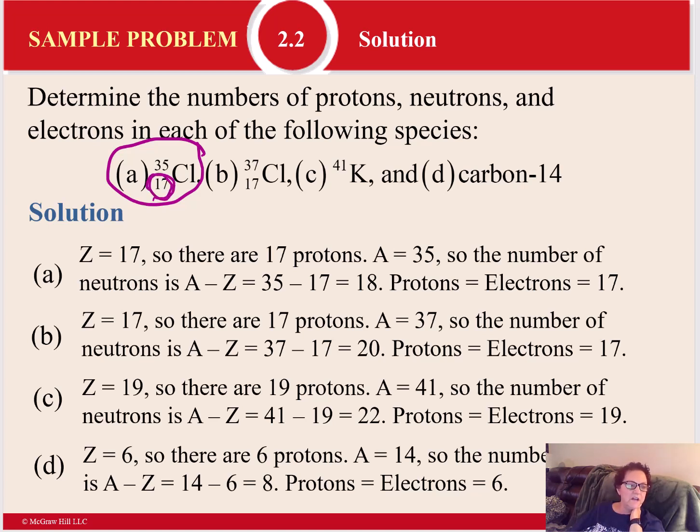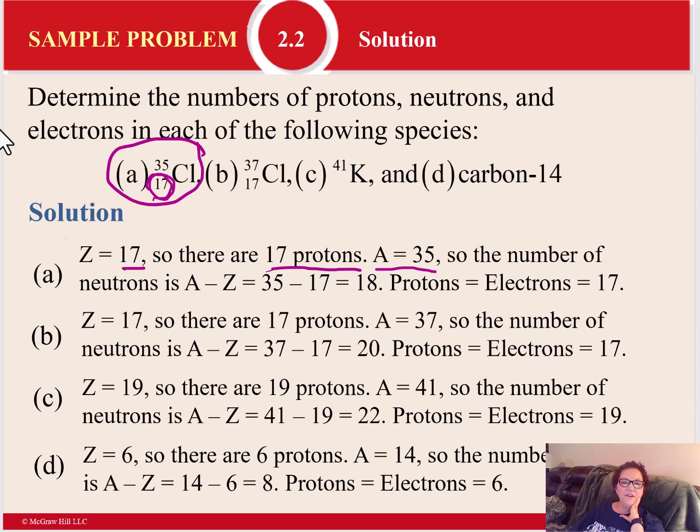If you look on the periodic table of elements, you'll see it's number 17, so Z is 17 and there are 17 protons. A is 35, so the number of neutrons and protons is 35.